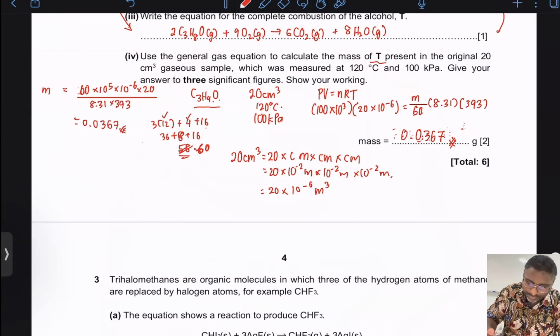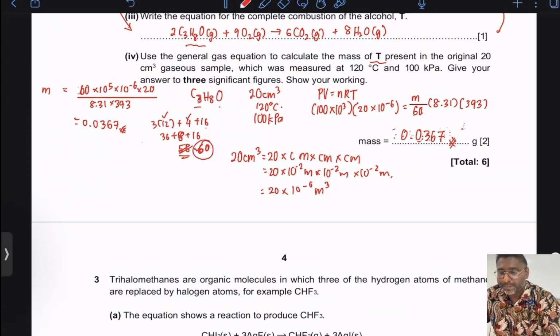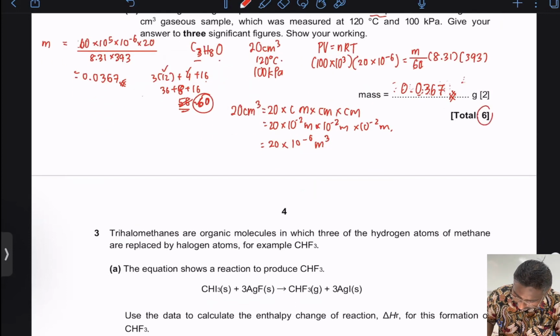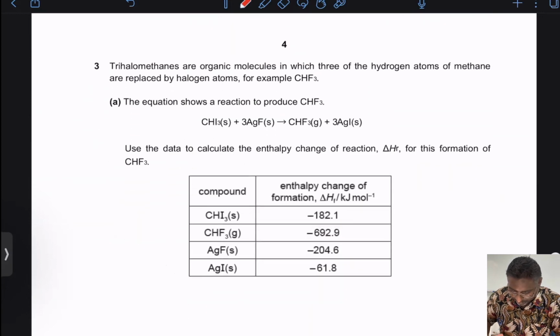Just take note of that. So I made a mistake over here. This one is C3H8O, so supposed to be 60. So that's what you are going to get. Now that's already another 6 marks. So let's actually move on.